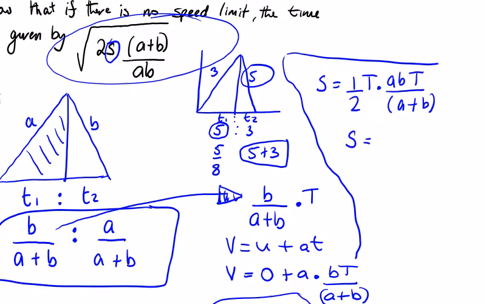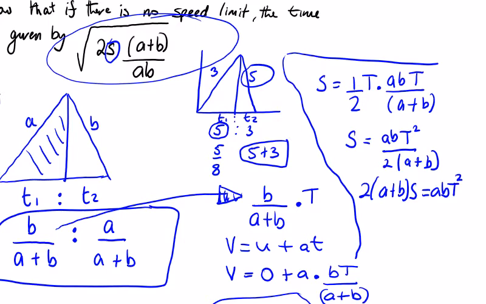S is equal to ABT squared over 2 times A plus B. So if I multiply across by 2 times A plus B, I'm going to get 2 times A plus B times S is equal to AB times T squared.